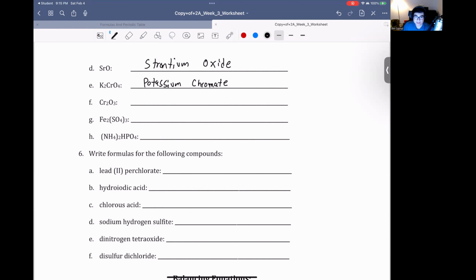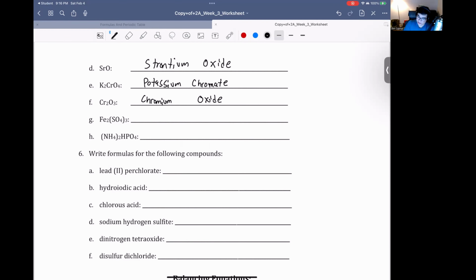All right, next we have Cr2O3. Chromium is a transition metal here. So you have to make sure to label its oxidation state. There's a lot of transition metals, not all of them, but many of them have different oxidation states. So chromium and then oxide. Now we have to label what is the oxidation state. I'm going to leave a space here.